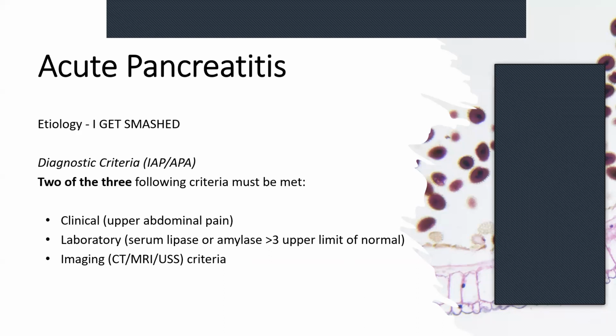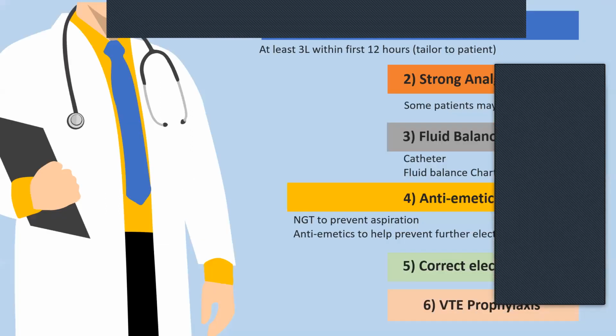And imaging, to confirm pancreatitis, actually isn't often used. Usually the clinical and lab results are more than enough, but if the CT, MRI, or ultrasound show pancreatitis, you need 2 of the 3 to diagnose the patient.